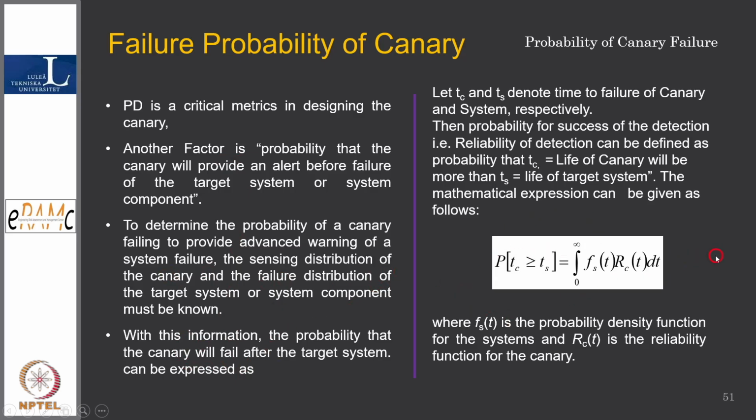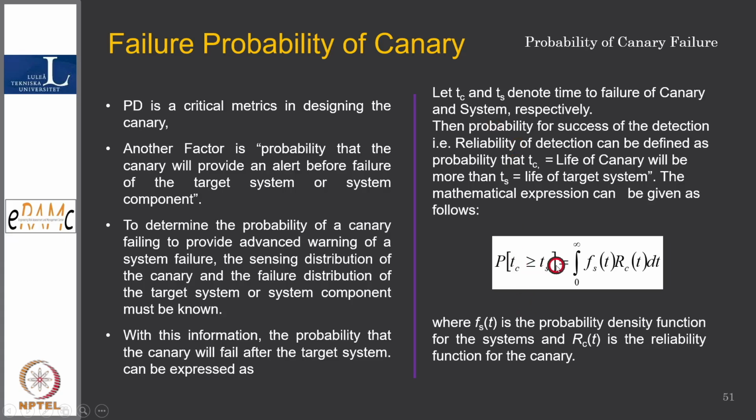What is the reliability of the canary? That means the canary failure time should be more than the system time. That condition: what is the probability that TC will be more than TS, where TC and TS denote the time to failure of the canary and the system.